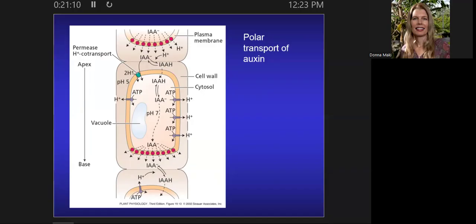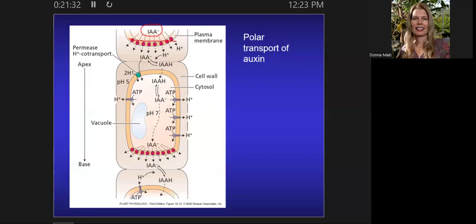If you tip that plant upside down, it's still going to do that kind of movement. And so this polar transport, so to speak, they're showing up top the indoleacetic acid, so that's your auxin. And they're trying to show with those pink balls that those are the transport proteins that are allowing the auxin to come through. So they're embedded in the cell membrane.